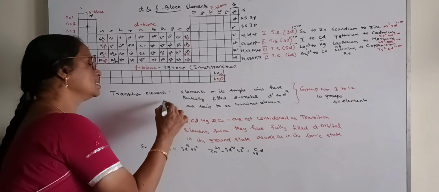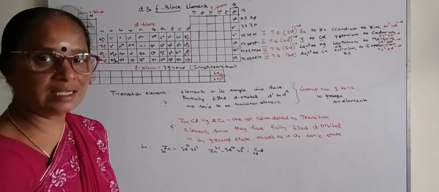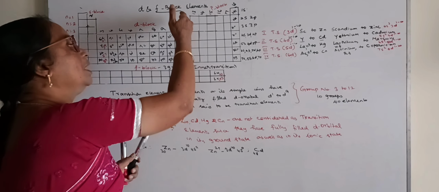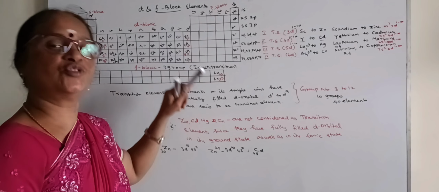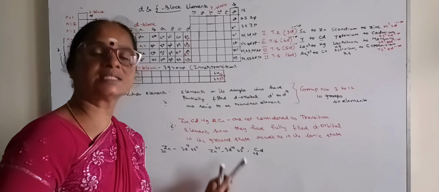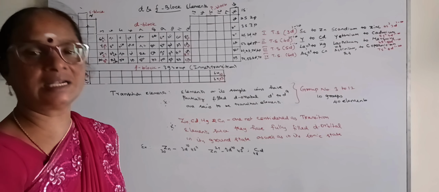Both of the questions are highly important. So the elements zinc, cadmium, mercury and copernicium belong to the 12th group, in which the d orbital is fully filled in the elemental state as well as in the ionic state, and hence they are not regarded as transition elements.